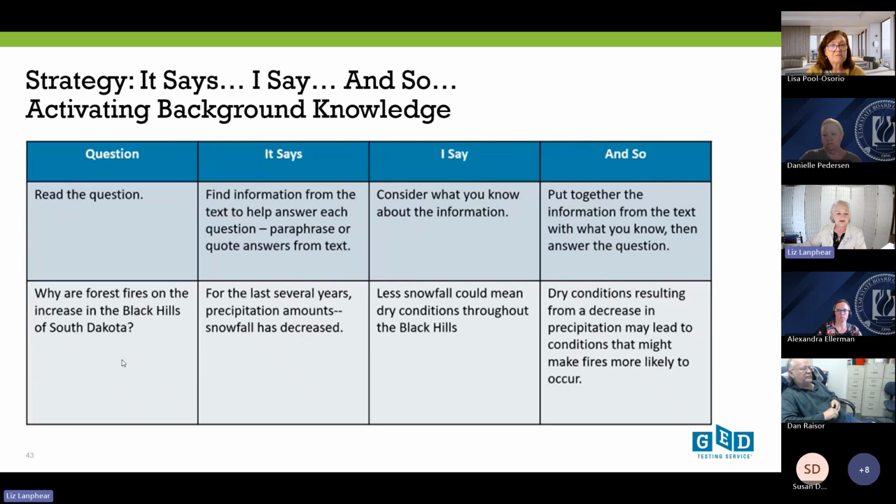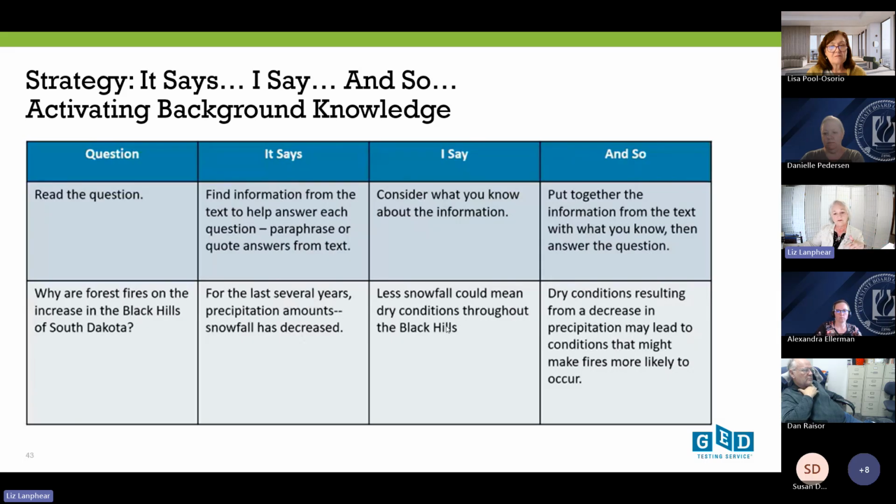So why are forest fires on the increase in the Black Hills of South Dakota? They're likely to say, I have no idea. I don't know anything about the Black Hills of South Dakota. And so it says for the last several years, precipitation amounts, snowfall, has decreased. So there's their piece of information that they can start thinking in their mind: okay, it says that there's less snowfall.